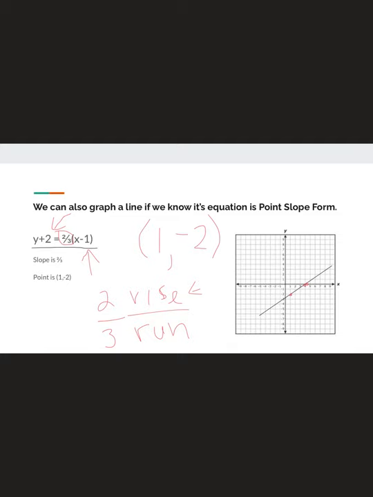And we can connect those two dots, and that gives us that correct line. All right, so that's how we find a line given an equation in point slope form.